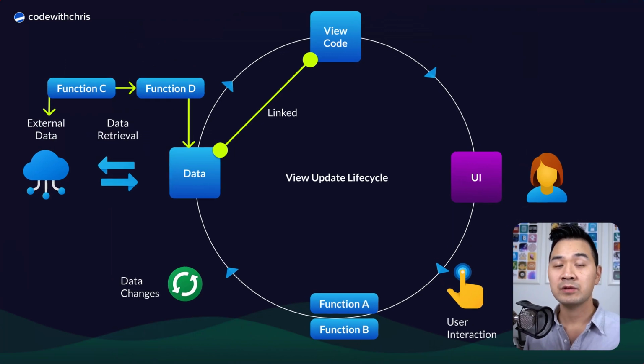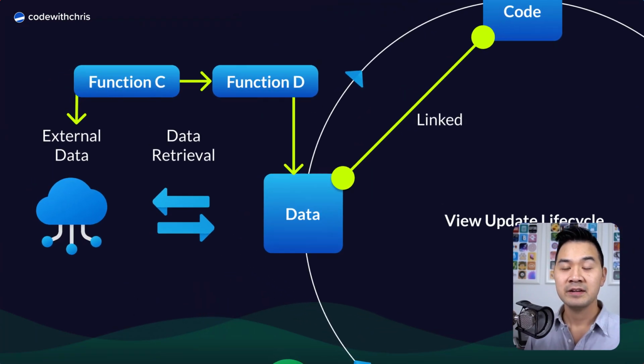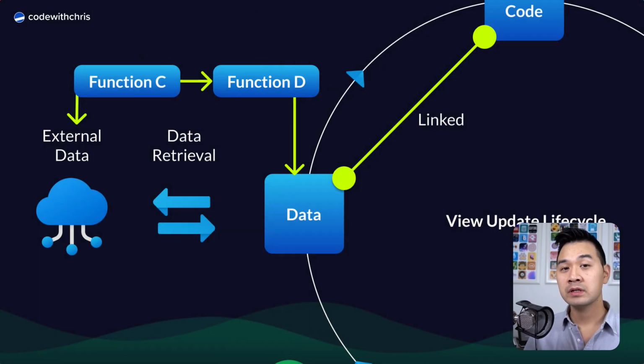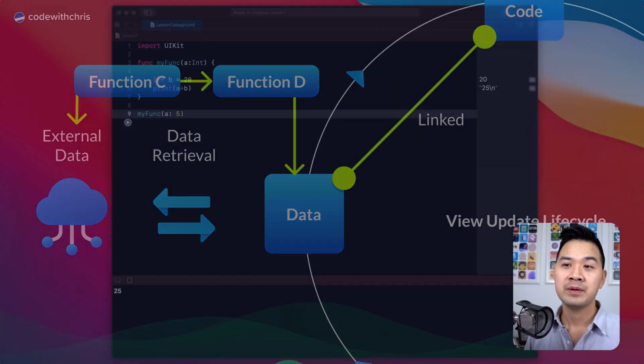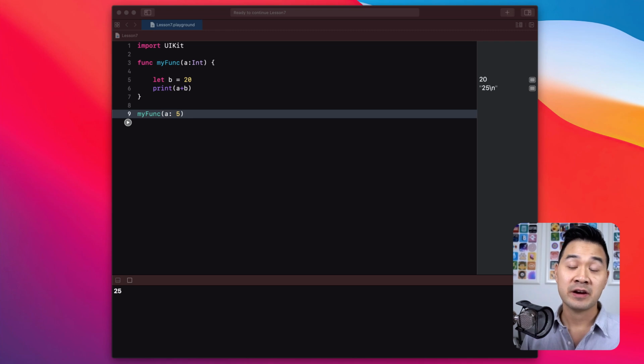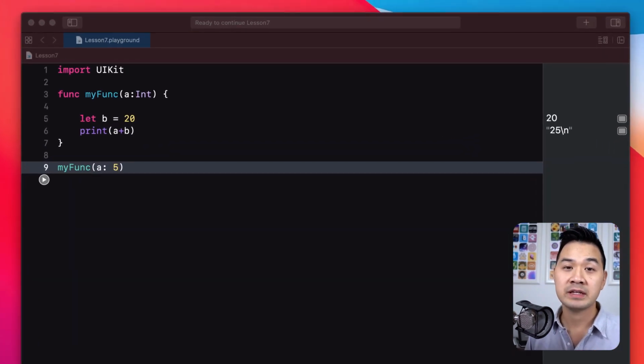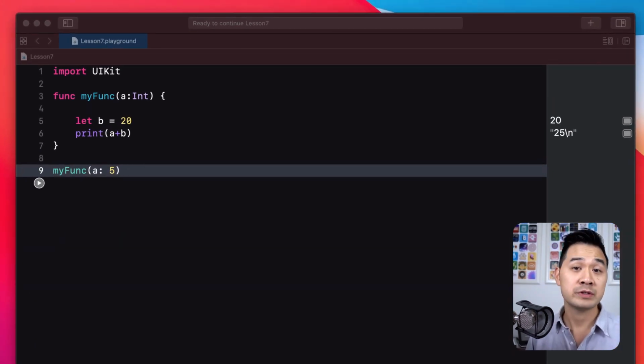Now going back to the view update lifecycle diagram again, function D accepts input as a parameter, but it also returns output. That is another very powerful feature of functions, being able to take in some input, work with that data, and provide some output back to the caller of the function. Let's take a look at our playground and see how we can specify that a function should return some data.